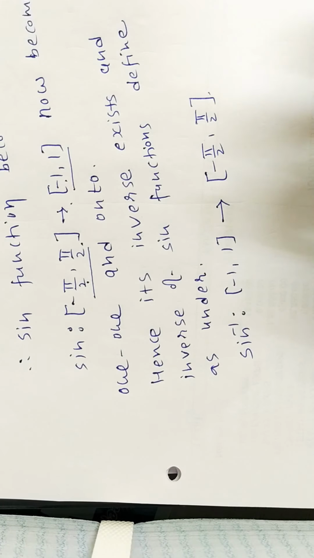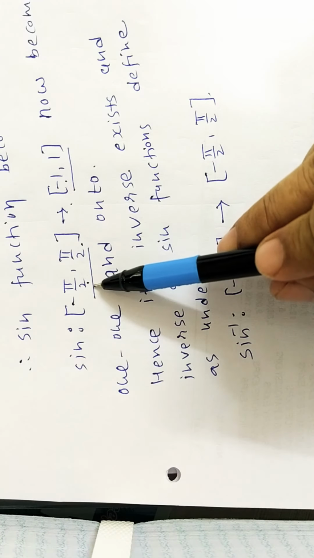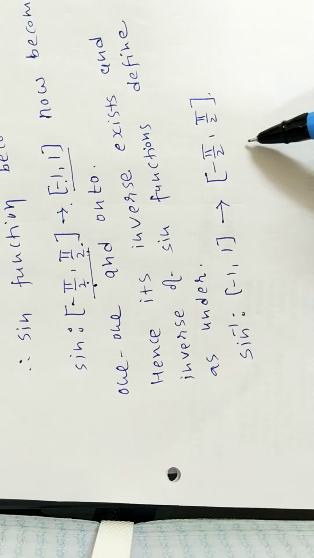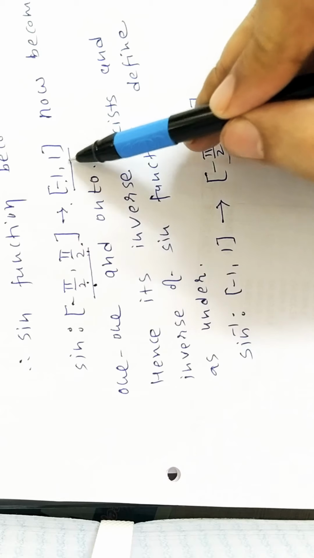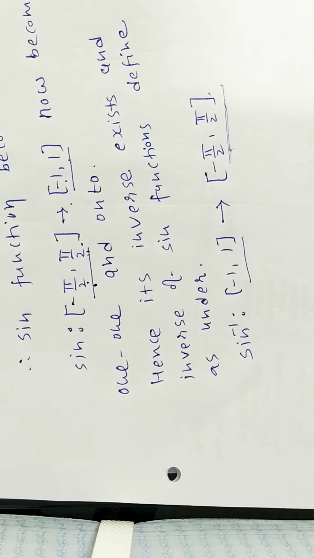Notice the change of domain and codomain of sine and sine inverse. The restricted domain of the sine function, minus pi by 2 to plus pi by 2, will be the range of sine inverse. The range of the sine function, minus 1 to plus 1, now becomes the domain of sine inverse.